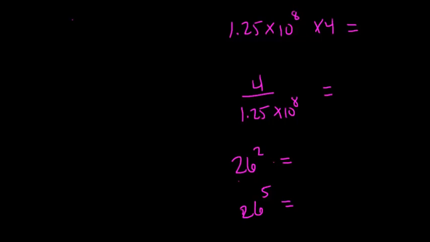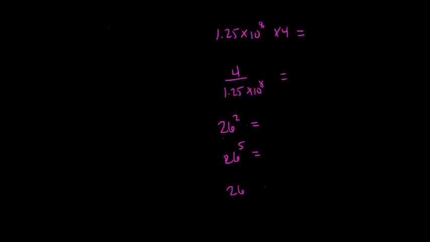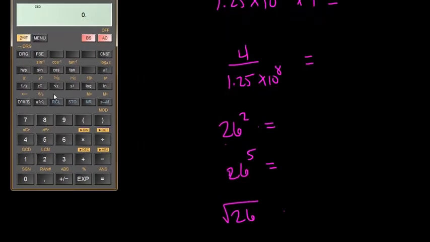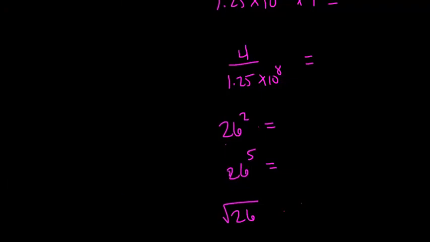What about roots? Okay, so can we figure out the square root of 26? Okay, so some calculators, most calculators in fact, will have a square root button. So we see here we have our square root button, so it's the square root of x. So if we put in 26, click our square root button, this tells us the square root of 26 is 5.099. Okay? If you do not have a square root button, that's okay, because the square root is mathematically equal to saying 26 to the power of 1/2.